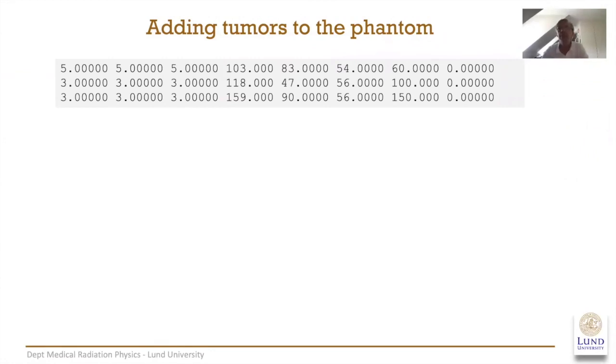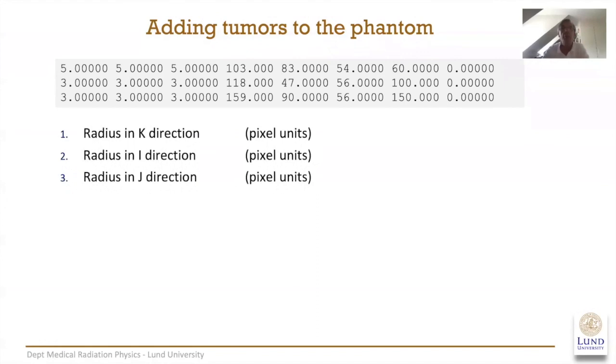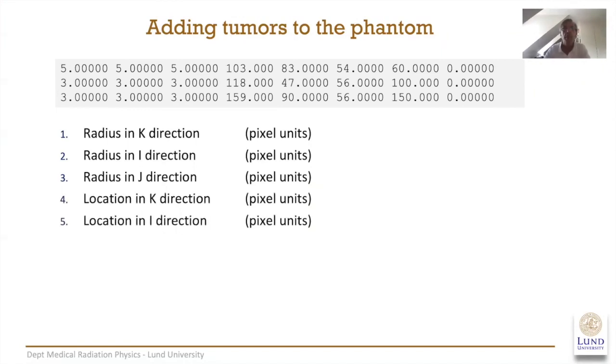There are 8 values that I will talk about. The first 3 values here are the radius of the tumor in pixel units. The next 3 values are the actual location of the midpoint of the tumors in the Zubal phantom, also in pixel units. So this is the location in pixel units, and the K direction here is the direction along the patient. So it's this direction here.